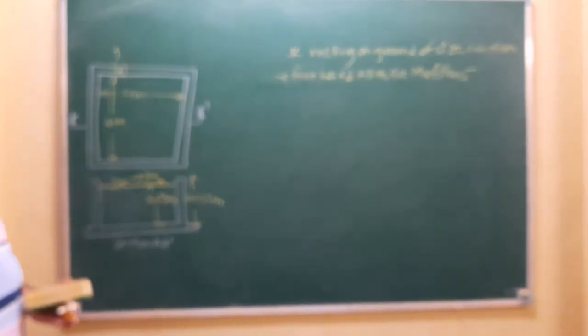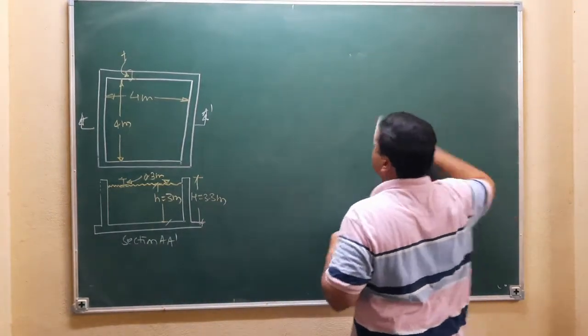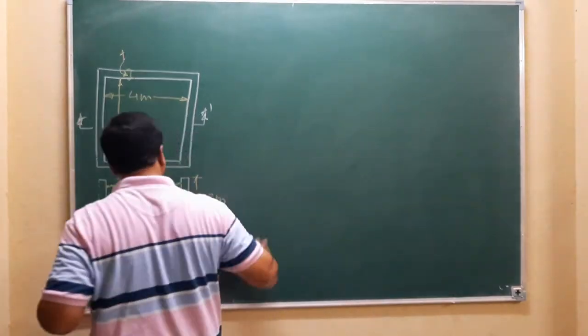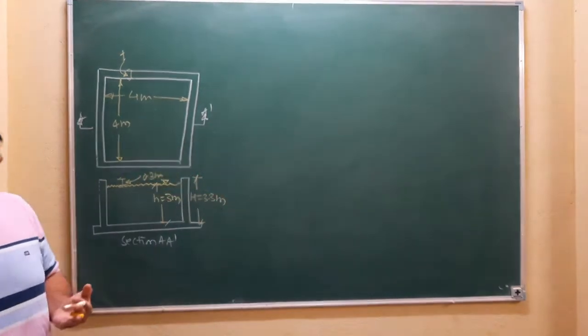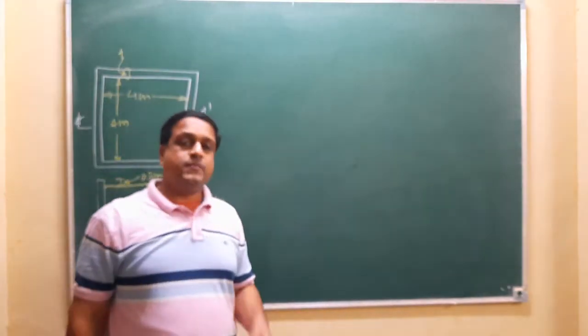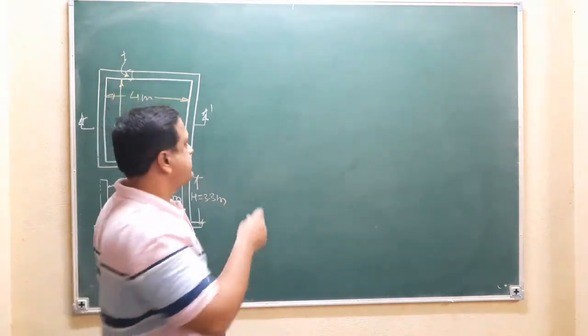Now you have to design this tank. So now I am going to solve this problem slowly. If you have any doubt, put your questions in the chat box. Always the first step is, what you have to do? First you have to provide the thickness.